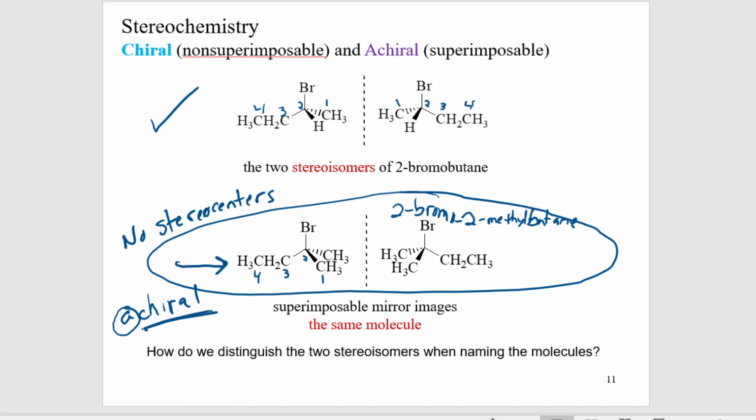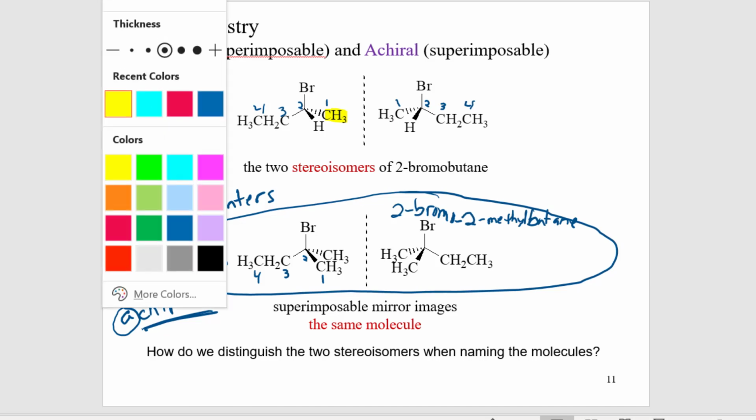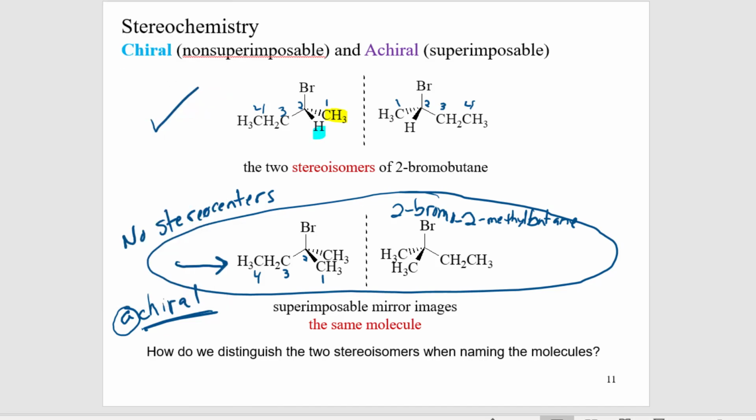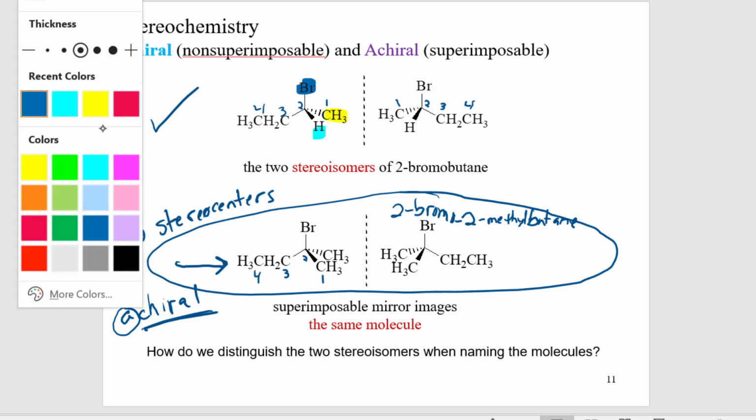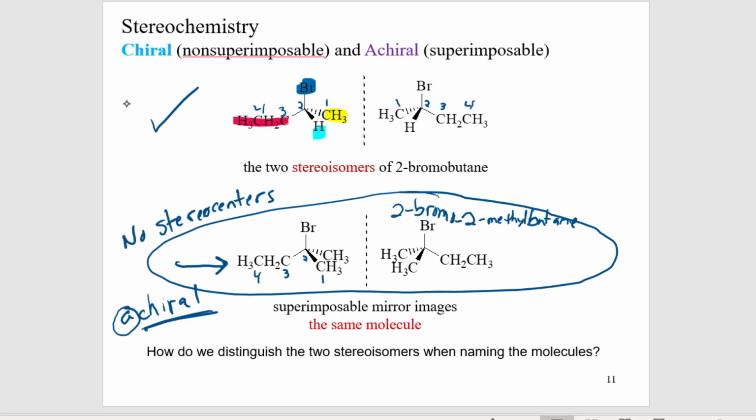The first case, however, at carbon 2, if you notice, carbon 2 has a methyl group, it has a hydrogen, it has a bromine, it has an ethyl. So it has 4 distinctly different groups off of it. Therefore, that's a stereocenter.